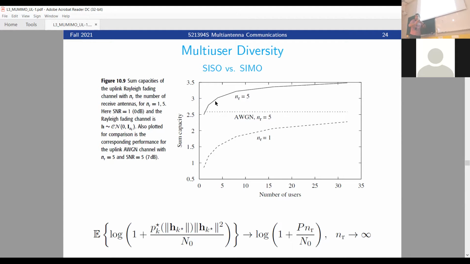When the number of antennas increases, the capacity increases as well because you get beamforming gain, but the relative gain from choosing the best out of K users decreases. It goes to 0 asymptotically when NR goes to infinity.